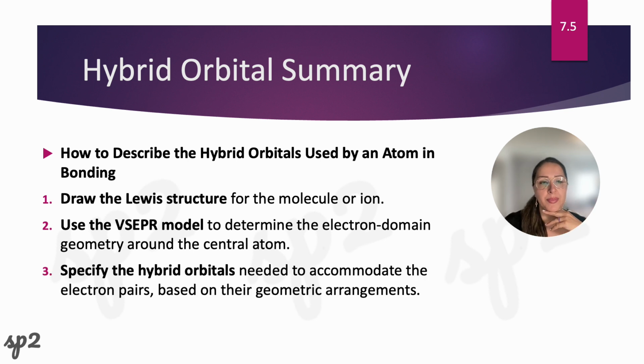Then we're going to specify the hybrid orbitals needed to accommodate the electron pairs for that specific geometrical arrangement. Let me show you a nice summary table on the next page.